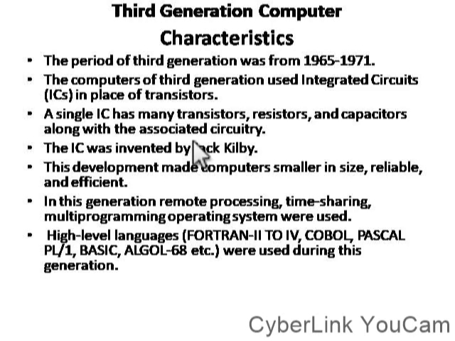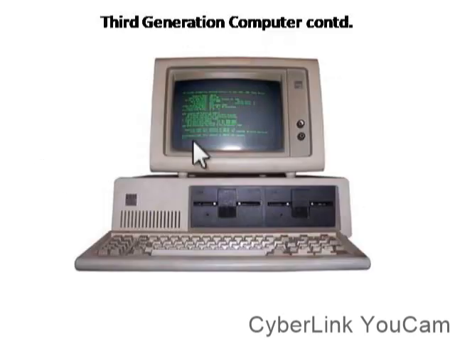Some more high-level languages were added compared to second generation computers. You can see how it looks, very compact in size in comparison to the first and second generation. They look very compact and very small in size.